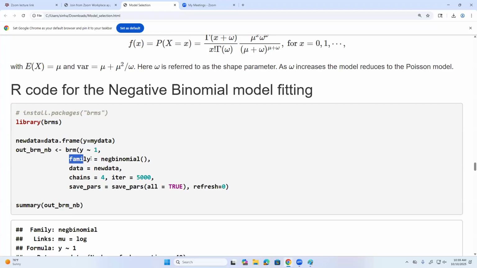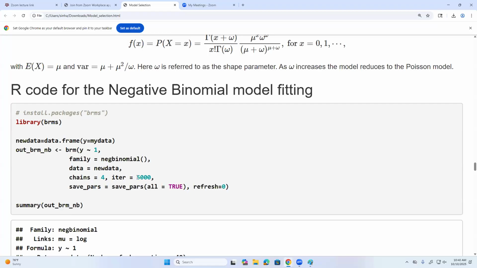We are fitting the negative binomial family. We specify it here, data equal to this, and this BRM function allows you to set the number of MCMC chains. Why does it use multiple chains? Because it calculates the convergence, and in order to verify the convergence, they need multiple chains from different initial values.